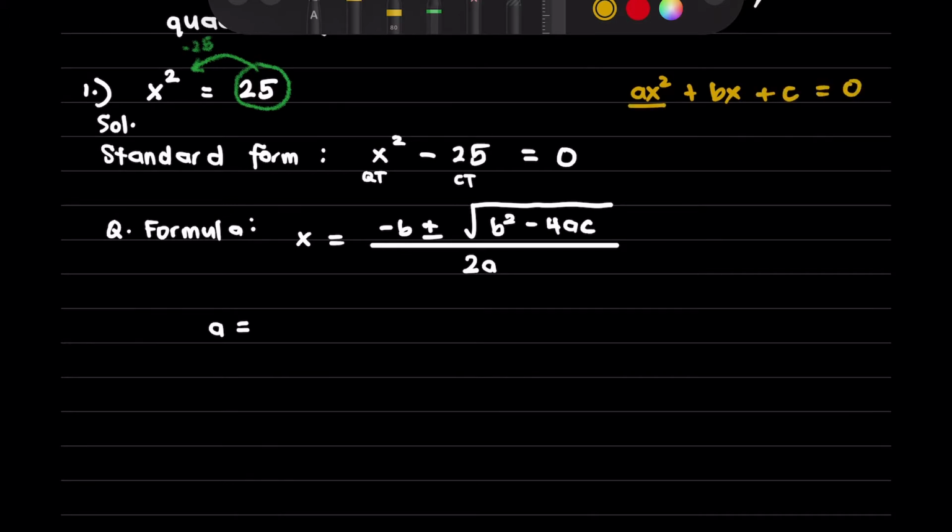Yung quadratic term natin, which is ax squared, yun yung a natin doon, yun yung katabi ng x squared. So, what do you think is the value of a here? The value of a here is invisible 1.